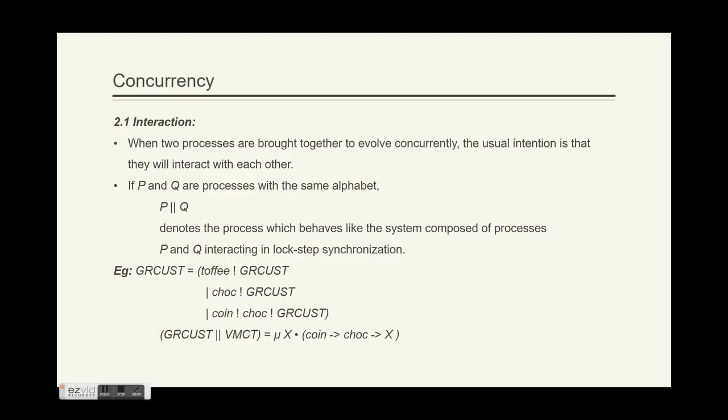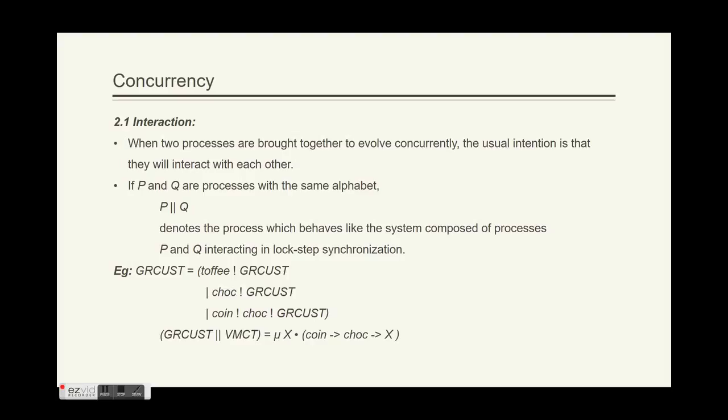So, for example, let's consider a scenario of a vending machine which gives the customer two options. It either dispenses toffee or dispenses chocolate. Let's say that we have a greedy customer who doesn't want to pay for the toffee or chocolate. He only wants the vending machine to dispense the chocolate or the toffee.